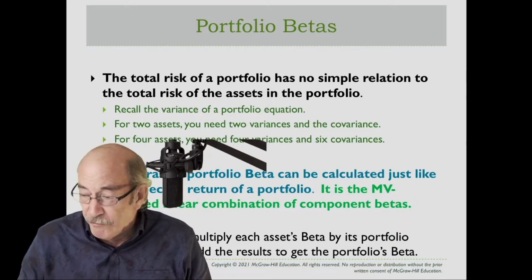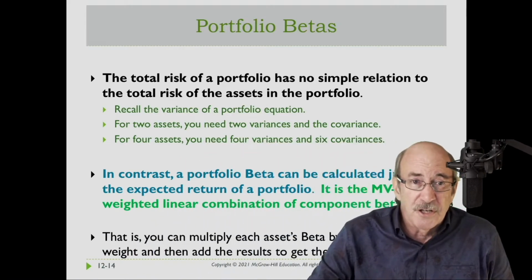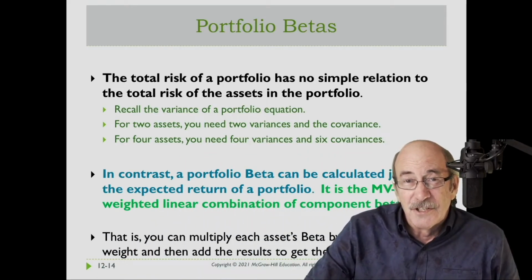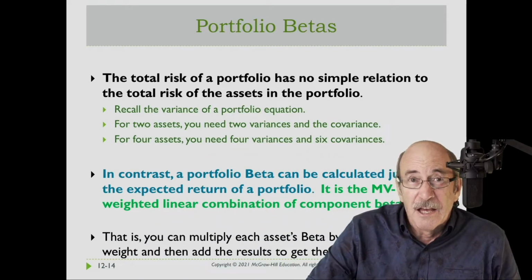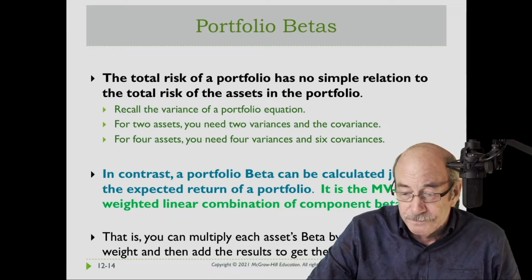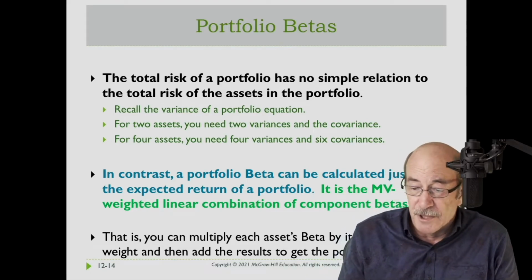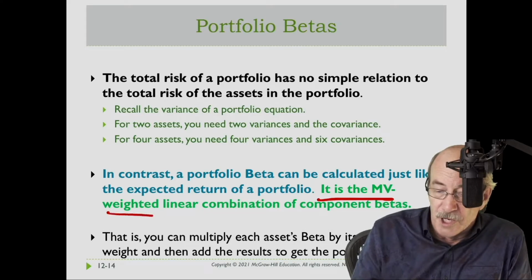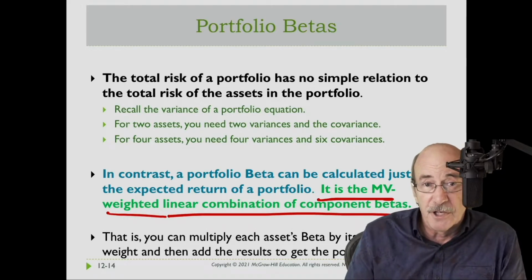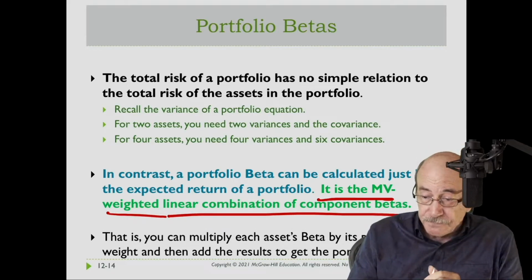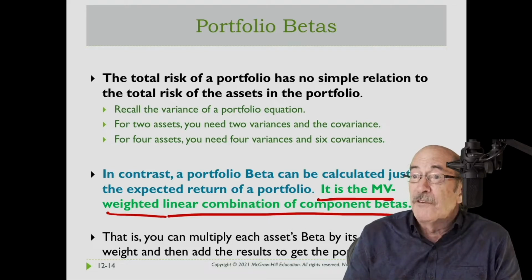The beta of a portfolio actually turns out to be as easy to deal with as the expected return of a portfolio. It is simply the market value weighted linear combination of the individual betas.